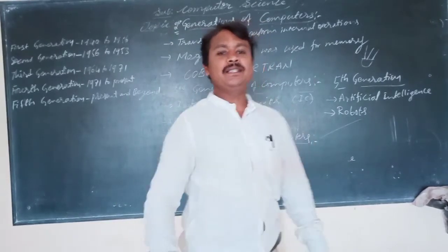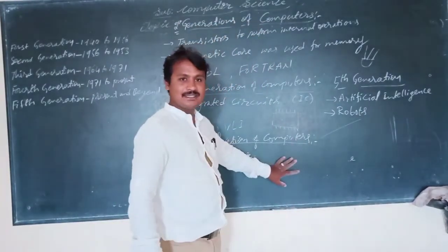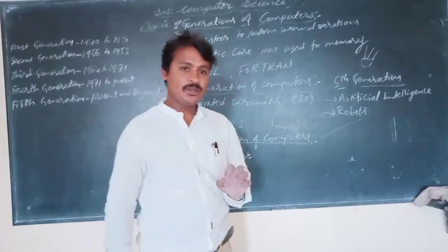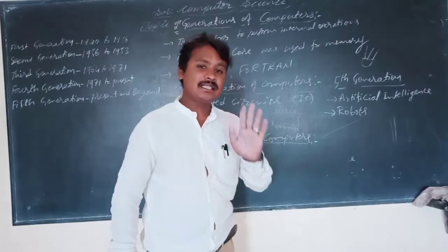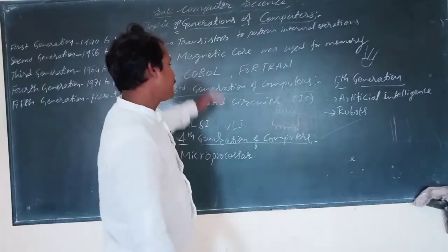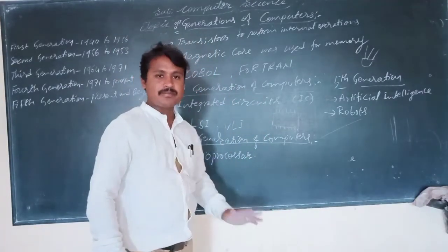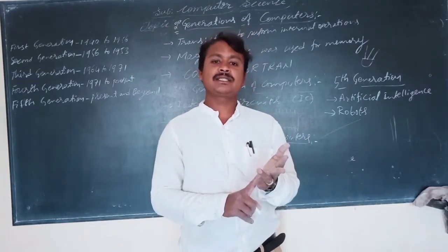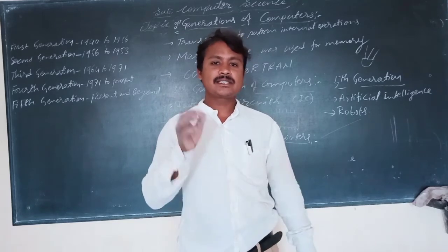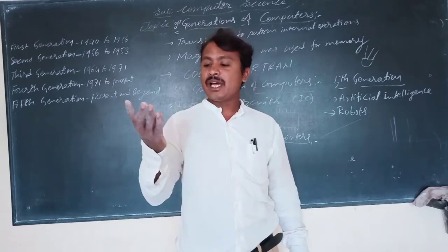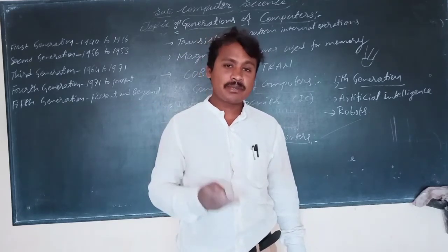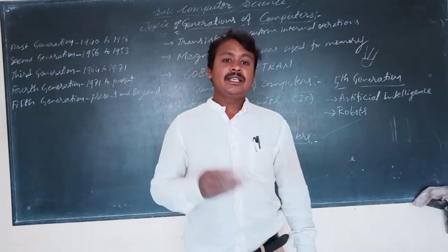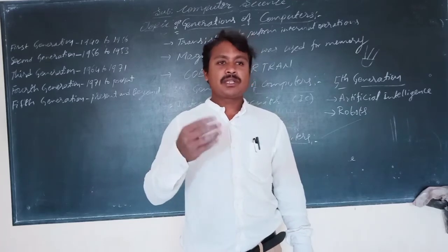In today's class, it is very important that you know the characteristics of all 5 generations of computers. The characteristics of first generation computers: these computers use vacuum tubes to perform internal operations, magnetic drums for memory, and punched cards for input and output.